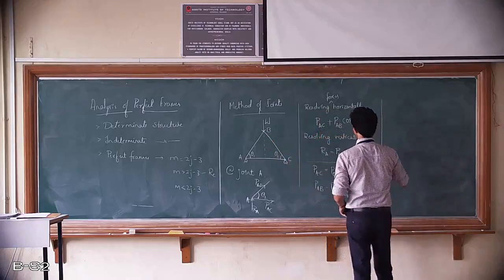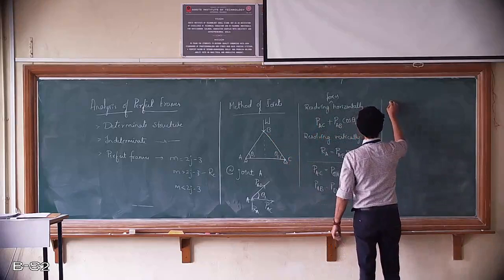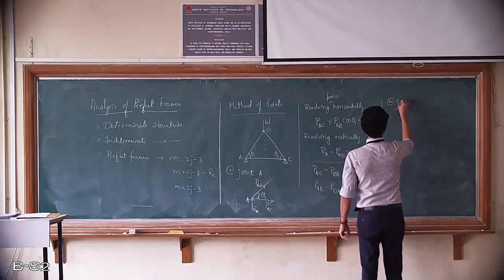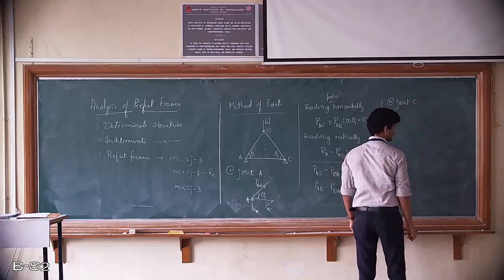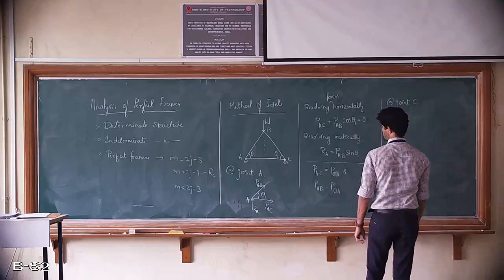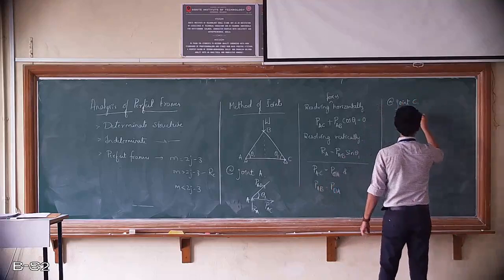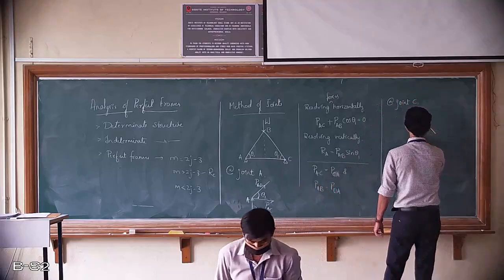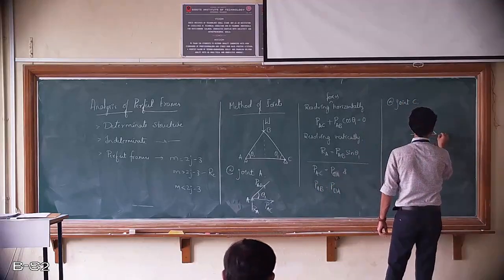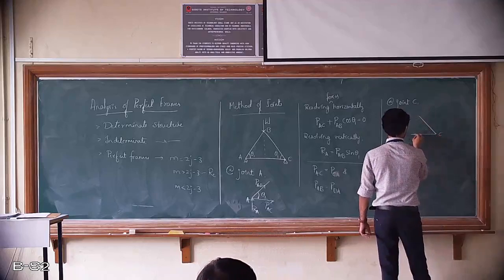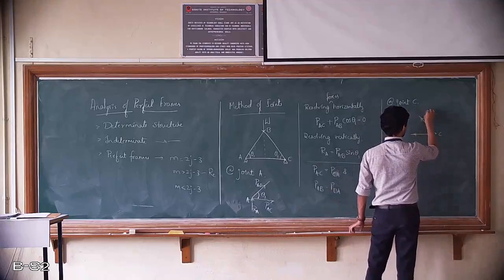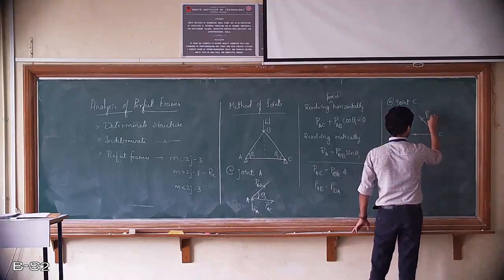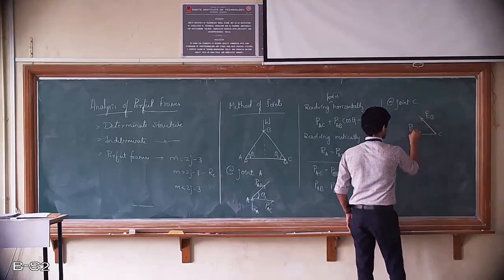So here I'll consider joint C. In this case at joint C, let us redraw how exactly it appears. The internal forces will be tensile, that is PCB and PCA.